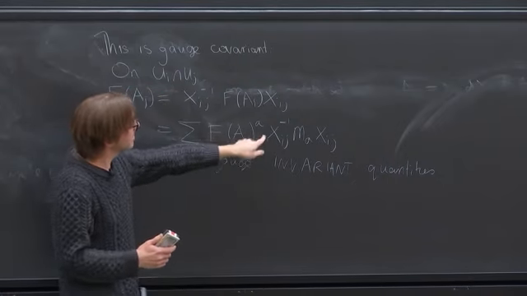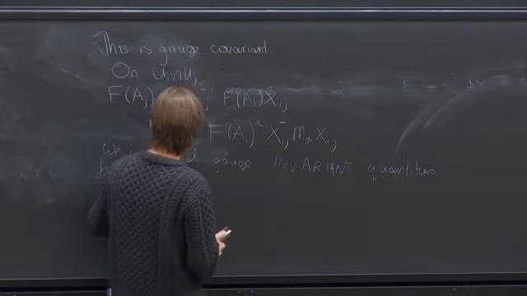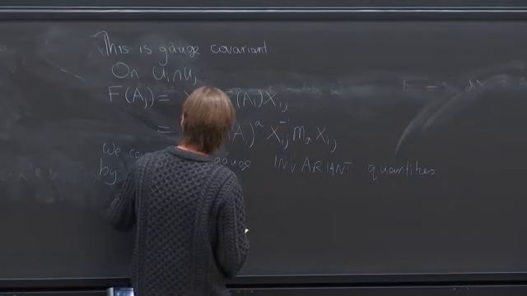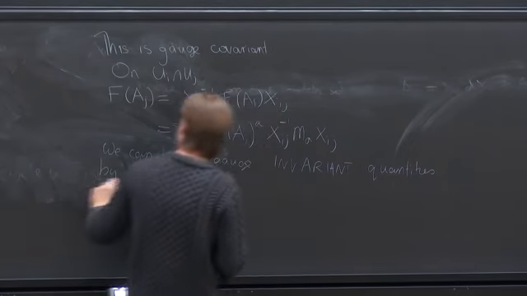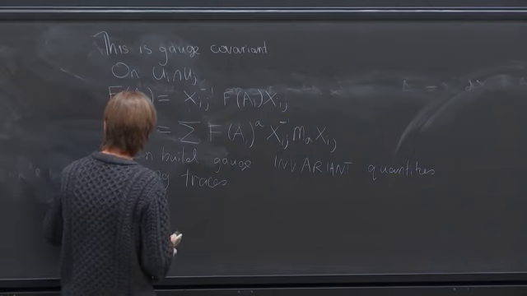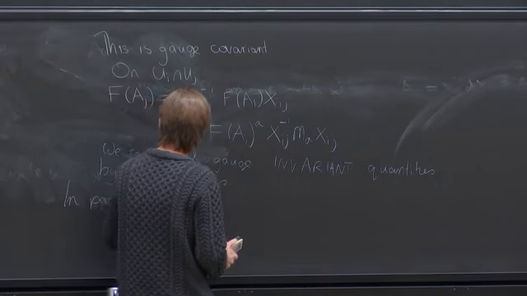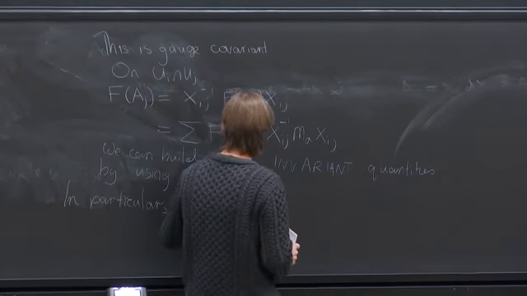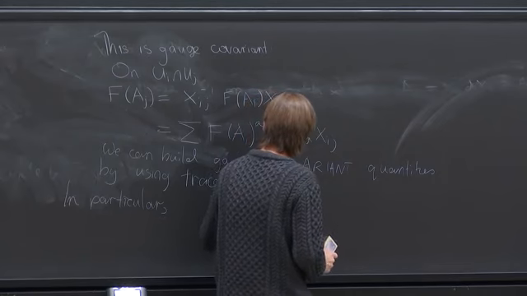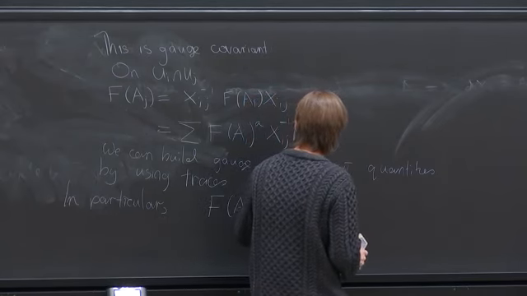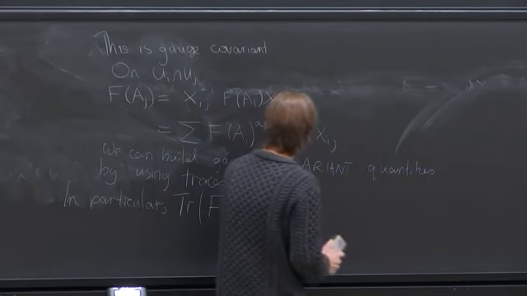If I have a trace, these conjugation factors will drop out. In particular, we can define the trace of F_i wedge F_i.